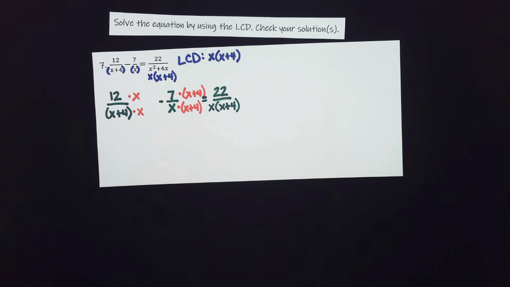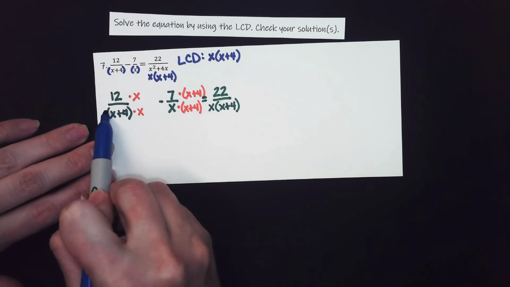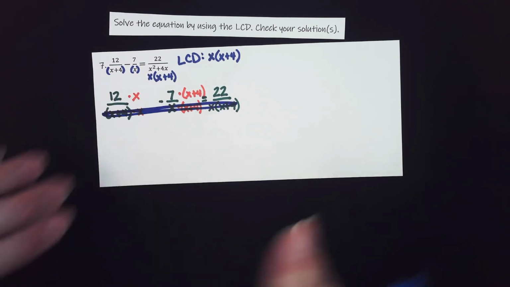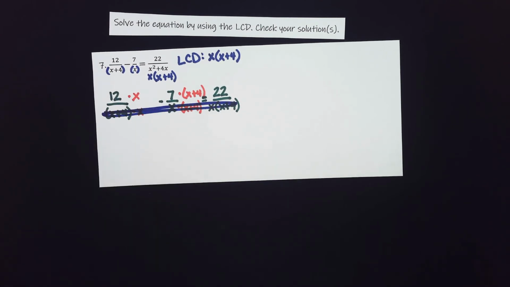Okay, so remember, at this point, because all of our denominators are the same, if we multiply everything by that denominator, the denominators cancel out. Okay, so we can ignore that denominator at this point. So now let's solve.